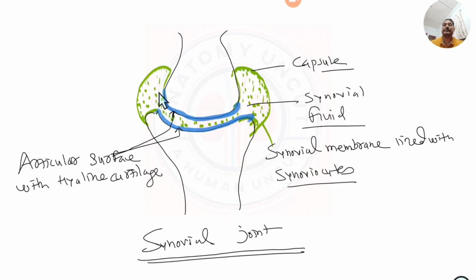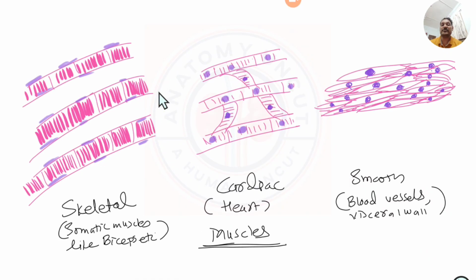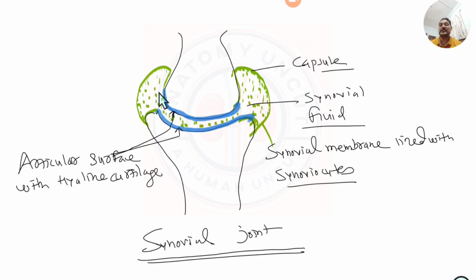They're common. Now, synovial joints, based on their articular surfaces, are divided into many types. You have the plane, hinge, the saddle variety, the ball and socket variety, the ellipsoid variety, the condyloid variety.